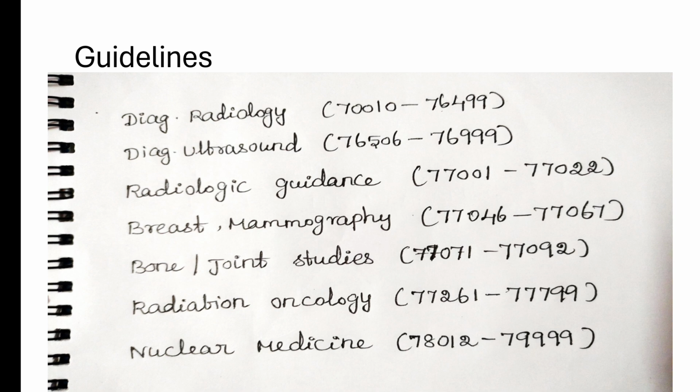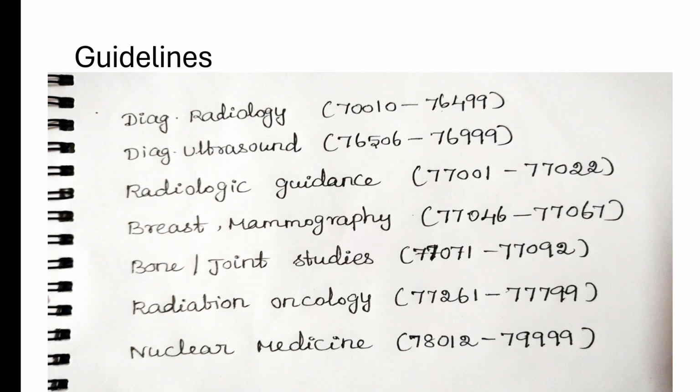Radiology guidance 77001 to 77022. Breast mammography 77046 to 77067. Bone or joint studies 77071 to 77092. Radiation oncology 77261 to 77799.